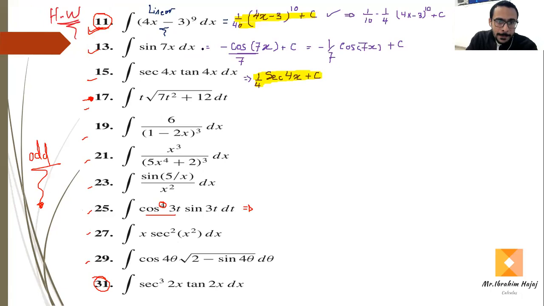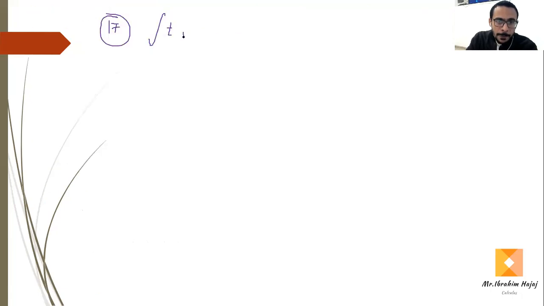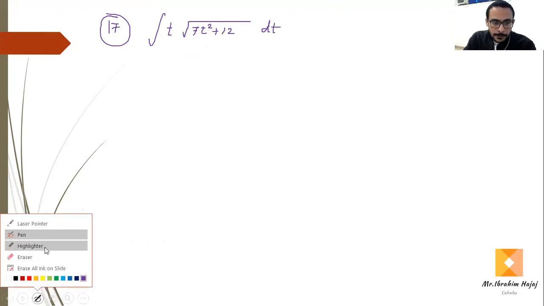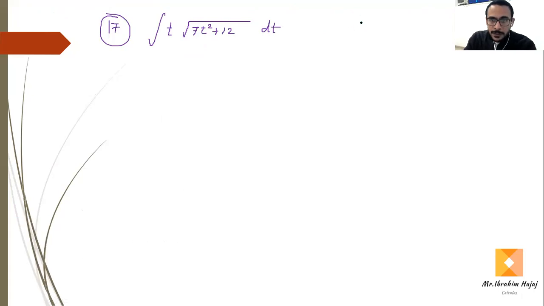Number 17 is the integral of t times the root of 7t squared plus 12 dt. You start answering the question by letting u equal 7t squared plus 12.